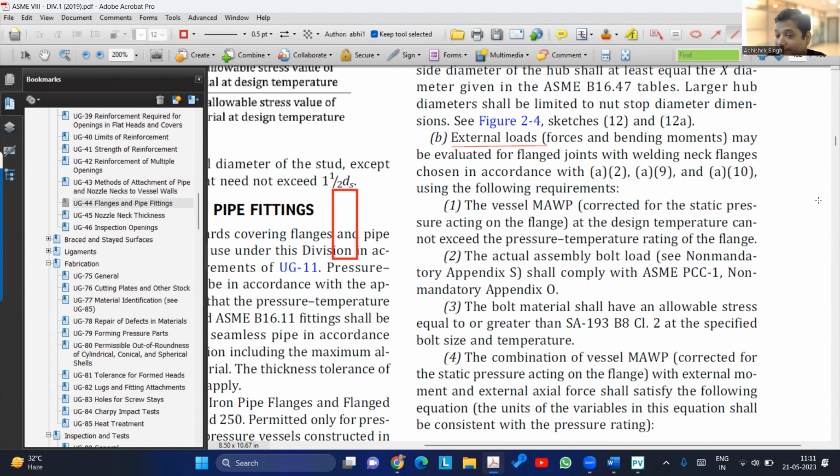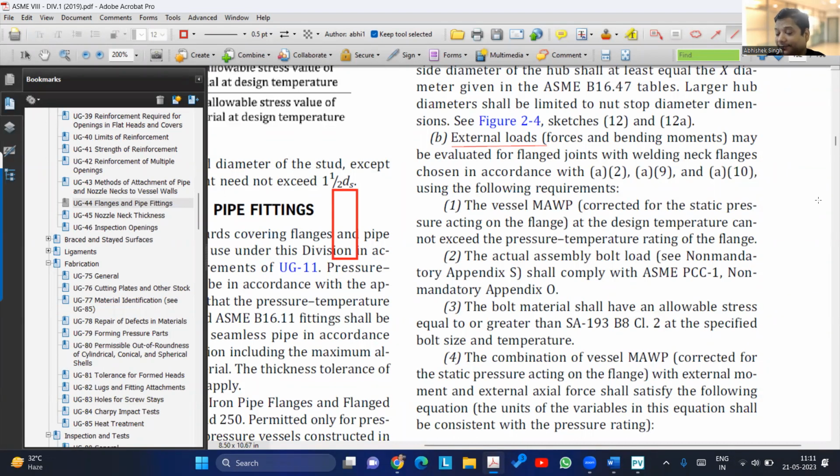So what I'll do before going to FEA: increasing thickness may not be required. Now we are using a different methodology. All these are standard flanges, not based on any calculation. So I'll take the same dimension. Non-standard does not mean that I have to change the dimension.